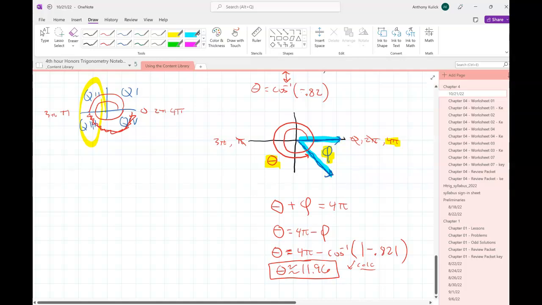Here's the lovely piece of this. This process really remains the same with only minor modifications regardless of the problem, whether you're doing a sine, cosine, cosecant, secant, cotangent, whatever, minor modifications, but it's largely the same process.